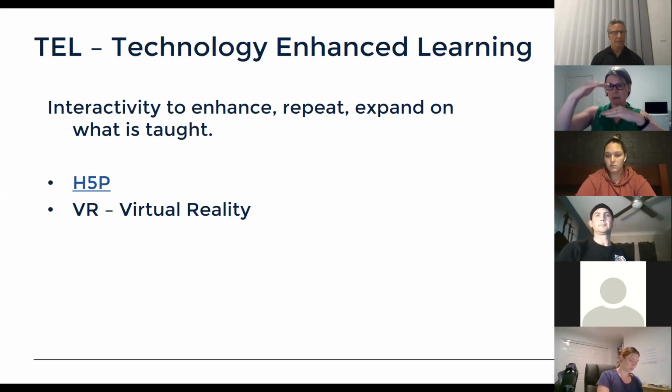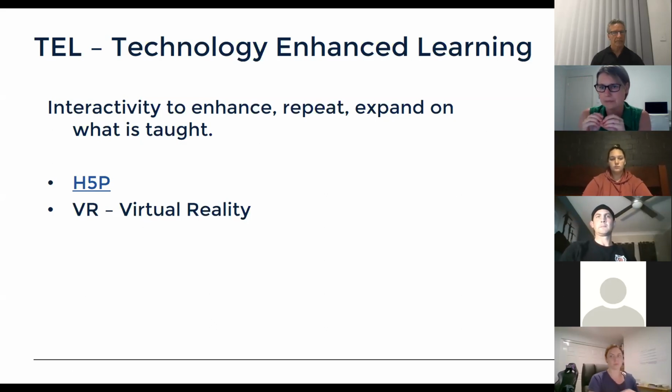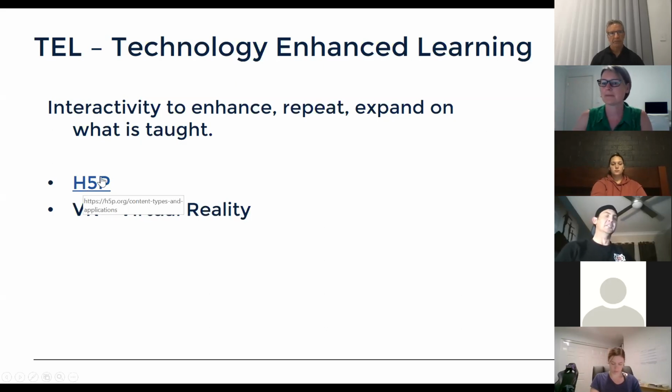So we had a picture of a thing in the lab, and it was a fully online course, and they can't go in there and understand exactly how some parts of the lab work, but we wanted them to understand the components. So we had little drag and drop activities, so they could actually place the word where it fit. So that's something like H5P. You can match things. It's quite interesting, but it has to be thought out beforehand.